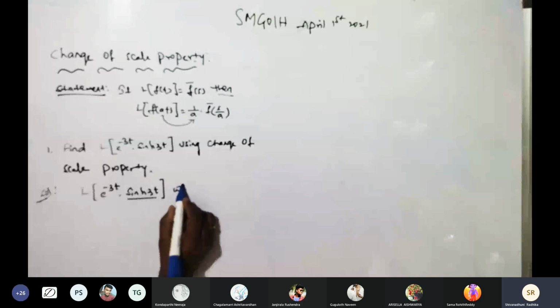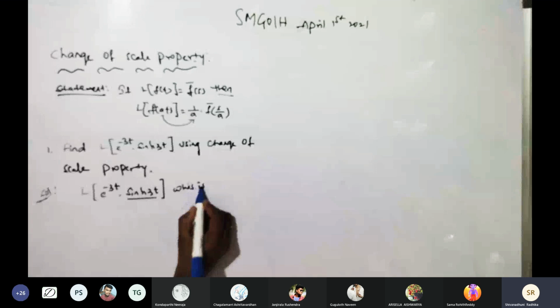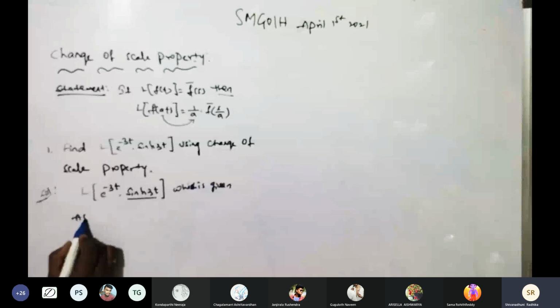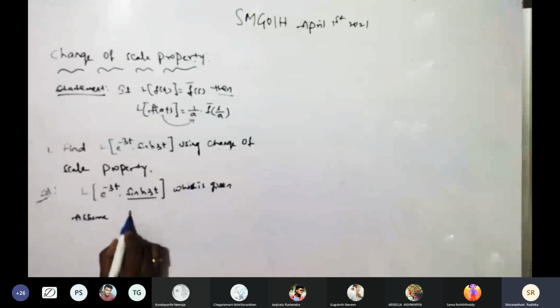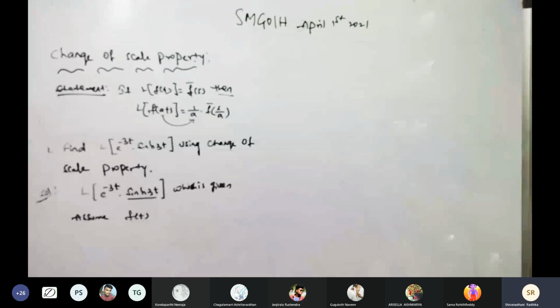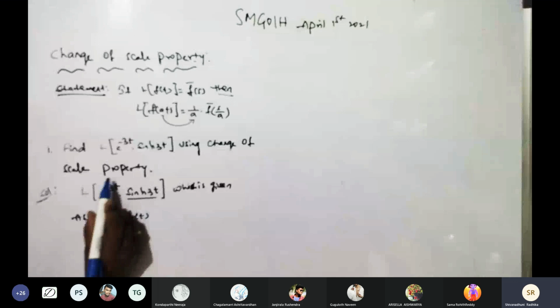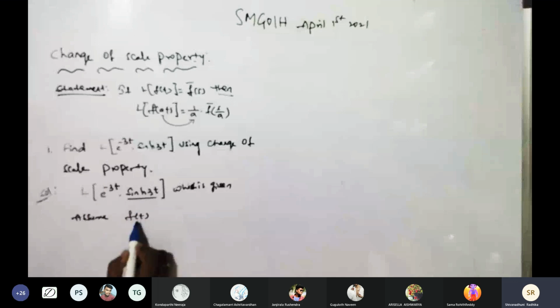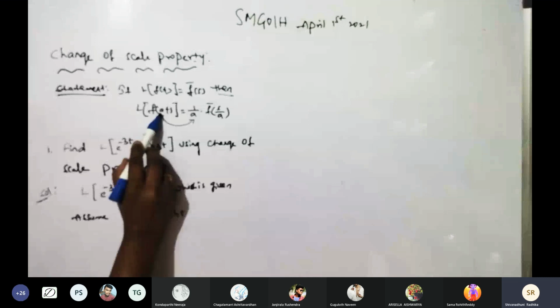But we have to assume the function first of all. Assume f of t depending on the given function. Except the exponential function, consider f of t equals sin ht only, not sin h3t, because the constant 3 is multiplied with t, the constant a.